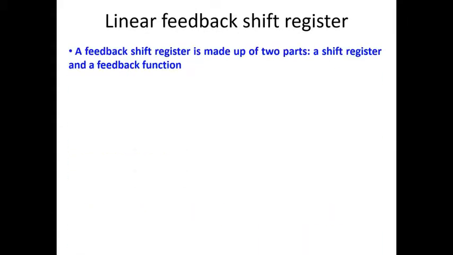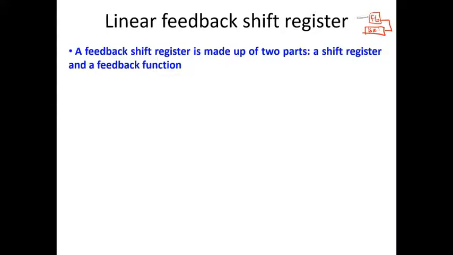So coming to the linear feedback shift register, basically it will have two parts. The first one is a shift register and then a feedback function. So usually you'll have something like this. You'll have a shift register here with multiple flip-flops, and then there is always a feedback function.